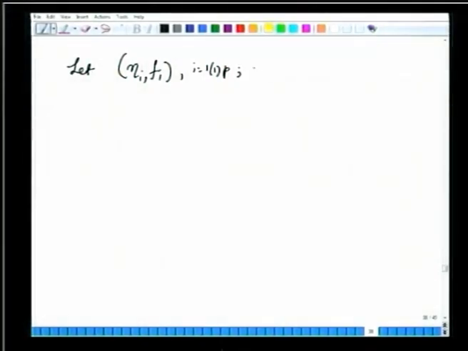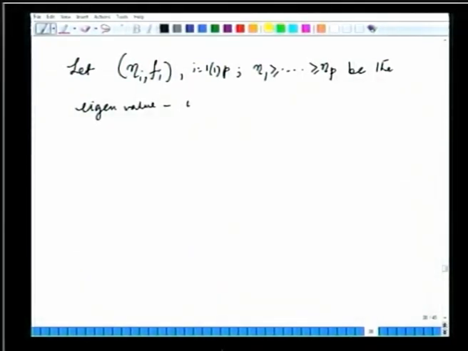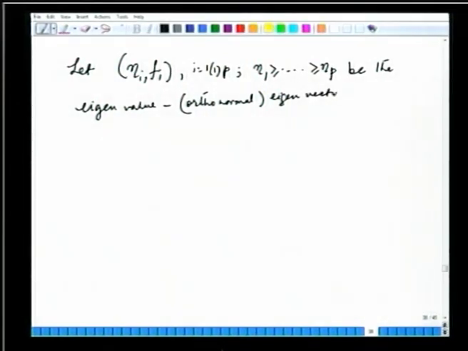The same way as we had considered the lambdas, let eta 1 greater than or equal to up to eta p be the eigenvalue and orthonormal eigenvector pairs of rho now, instead of sigma.